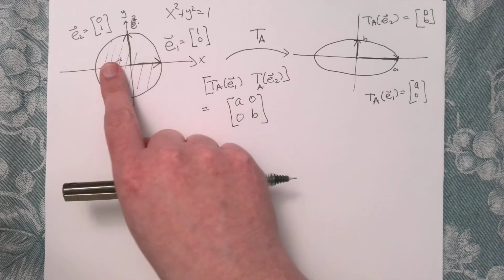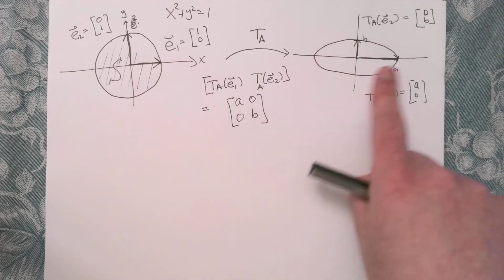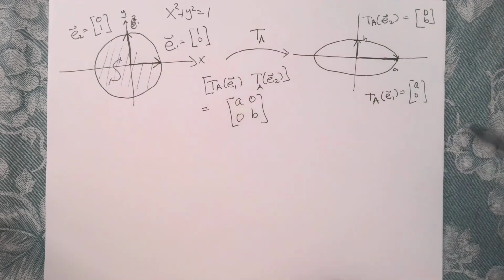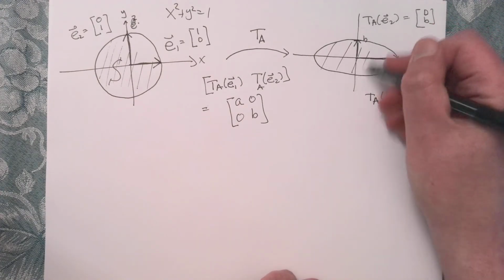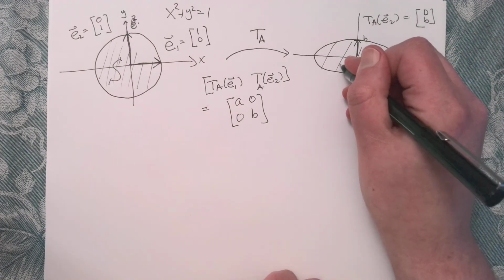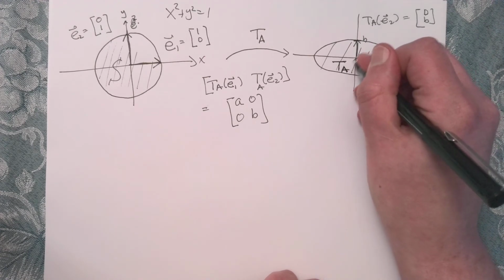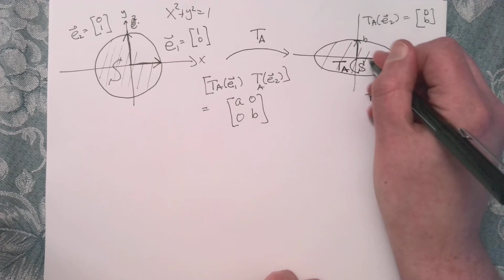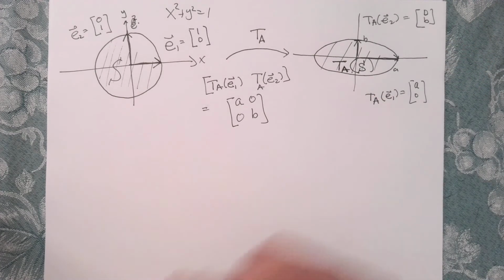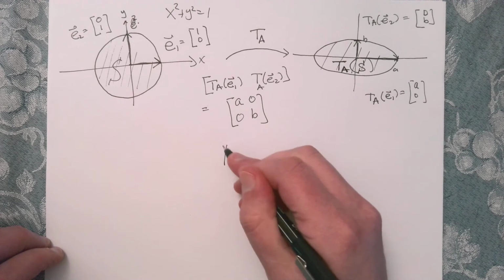So again, if I'm calling this S, I'm going to call this the image of S under the transformation. So let's call this entire thing T_A of S. So it's the image of S, the output under our transformation. Okay, so let's recall the following.